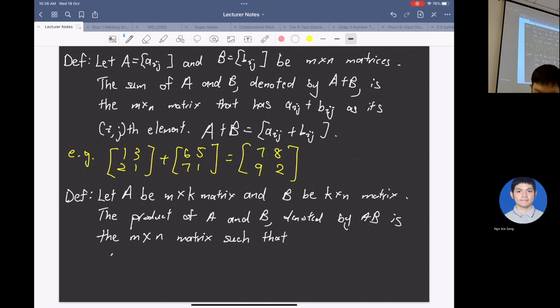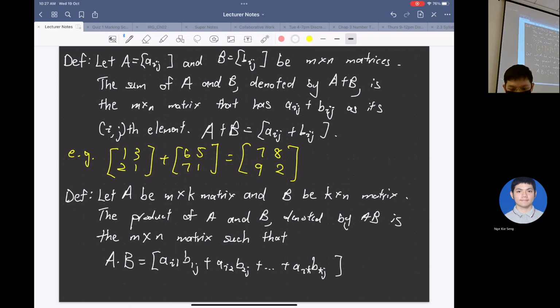Let me write A dot B equals, with entries Ai1 B1j plus and so on. What's this notation here? I take the row matrix times the column matrix of the second.